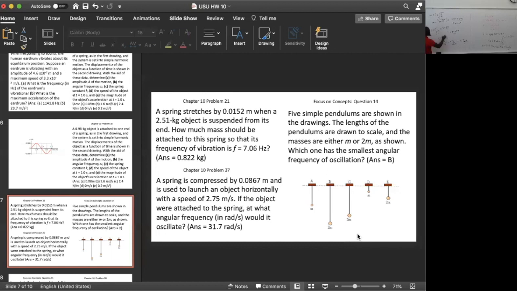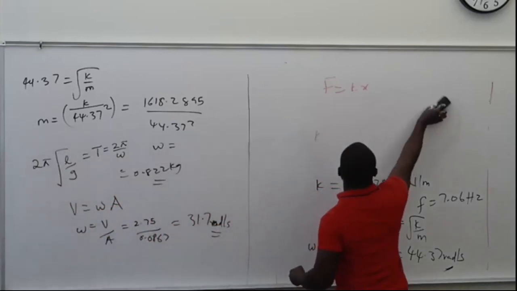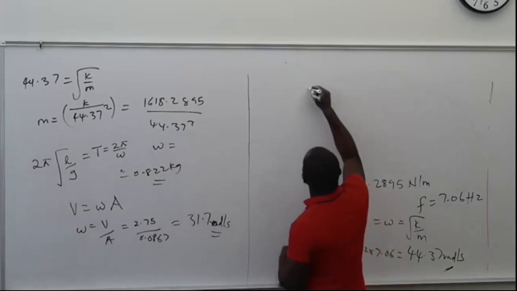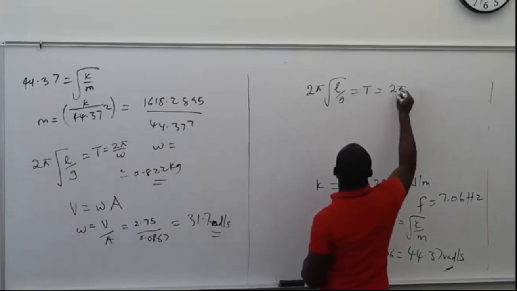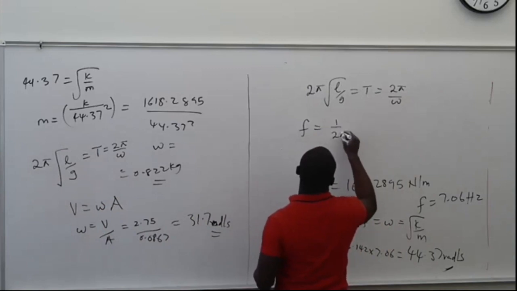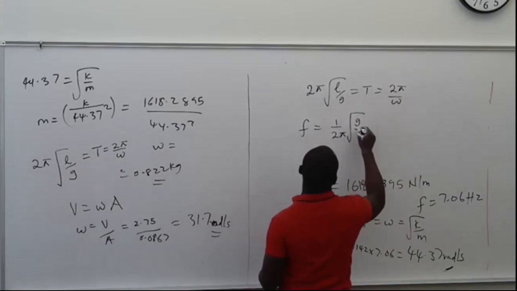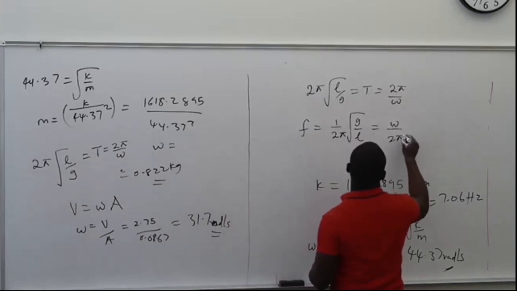Let me stop sharing so you can see what I'm doing. For a simple pendulum, 2 pi root L over G is your period, and period is 2 pi over omega. So your frequency is the inverse of that: 1 over 2 pi root G over L, which is omega over 2 pi.